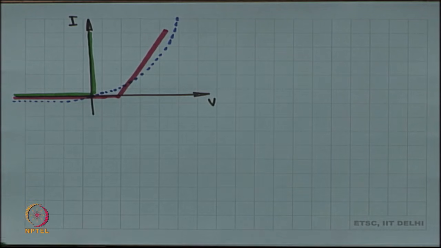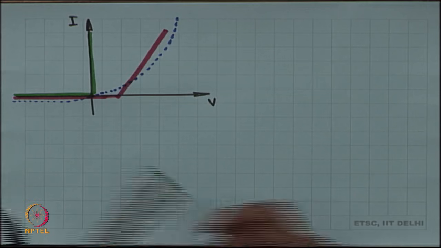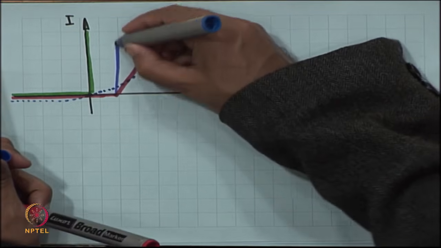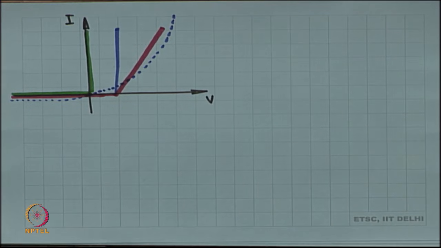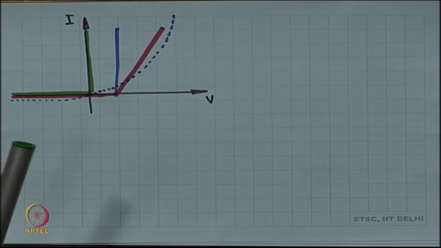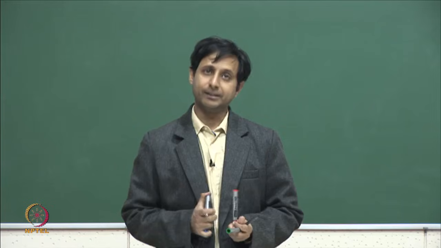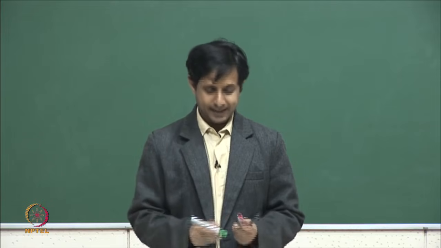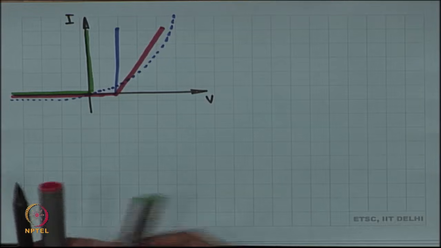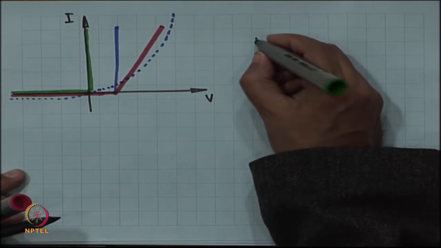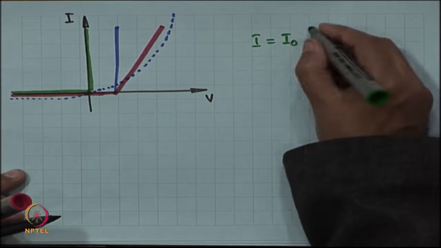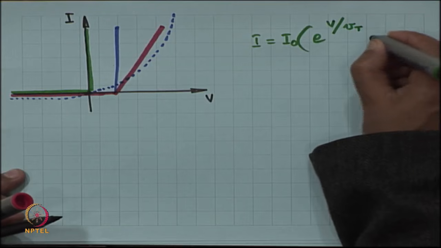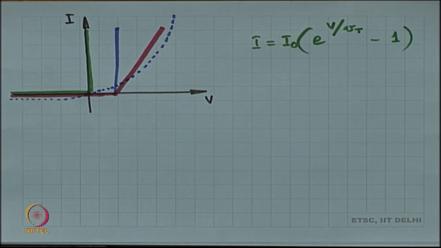So, mathematically we represented, we had this also in between. So, we represented the green curve, the blue line, and the blue dashed line mathematically, and the last dashed line has to pass through 0, and with that it boiled down to something like this: I is equal to I naught times e power v by Vt minus 1.